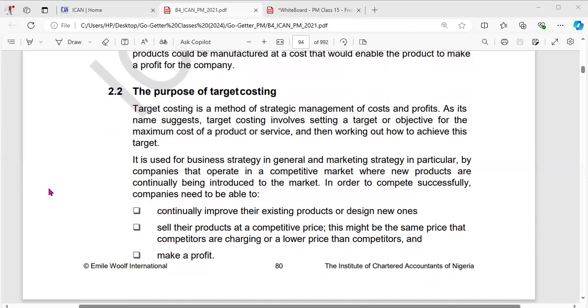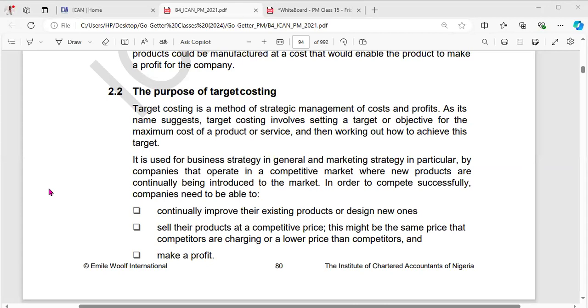What it means is that the company is going to set a target cost, the maximum cost we are going to incur, which will be no more than this. So they're going to set a ceiling for their costs, and they are going to make sure that this budgeted cost will be achieved.